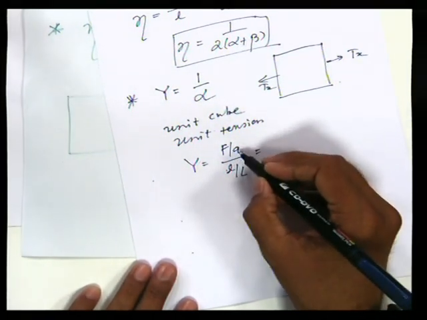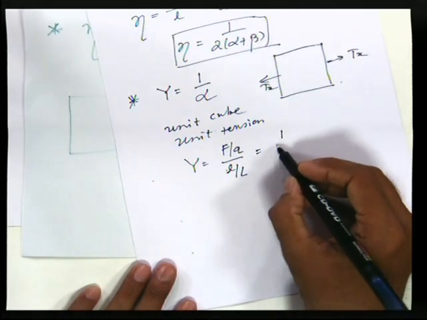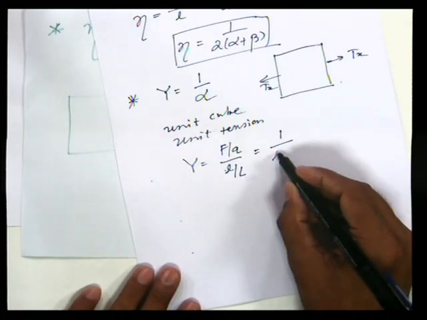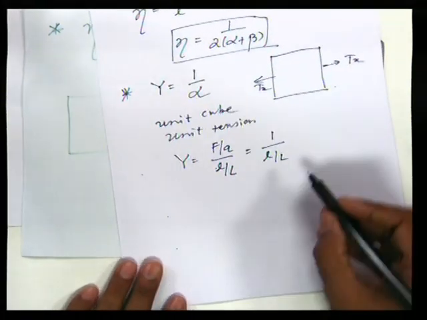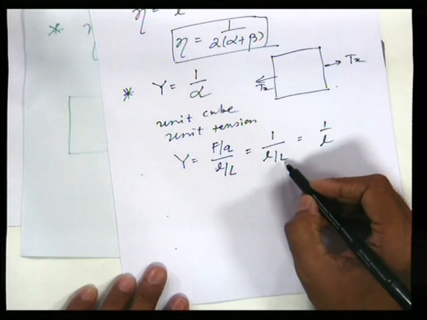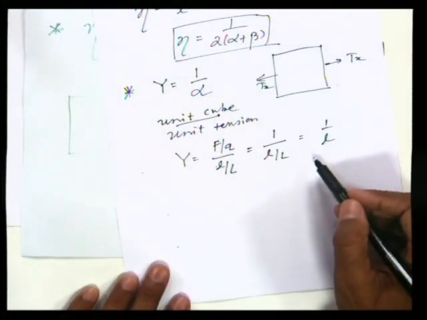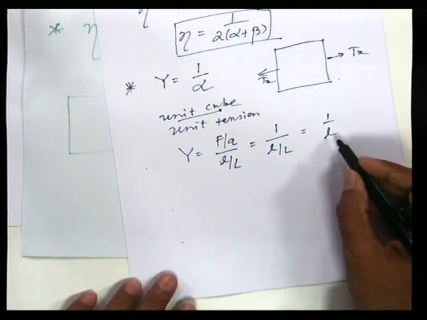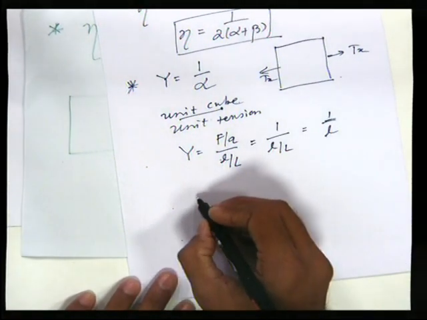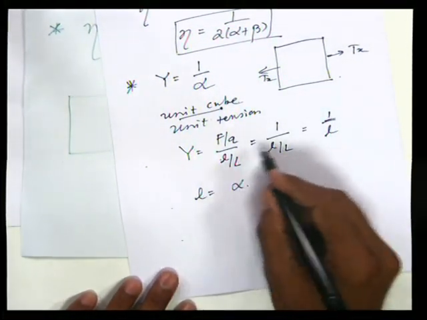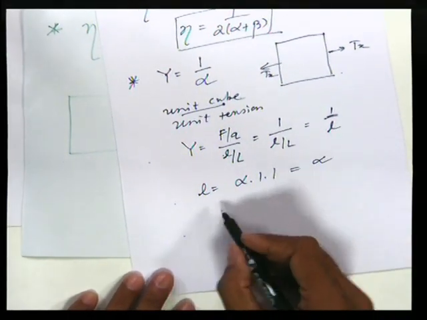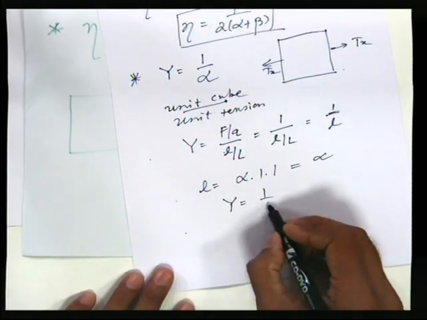Force per unit area equals 1, because tension equals 1 and area of cross section equals 1, therefore this is equal to small l by capital L. Capital L is the original length, and for a unit cube capital L is also equal to 1. Now how to obtain small l, the increase in length due to this tension? Here l equals alpha into length equal to 1 and tension equal to 1, therefore it is equal to alpha. So we obtain Y equal to 1 upon alpha.